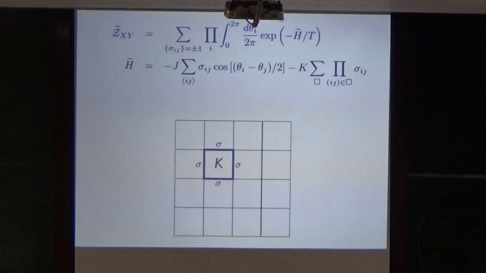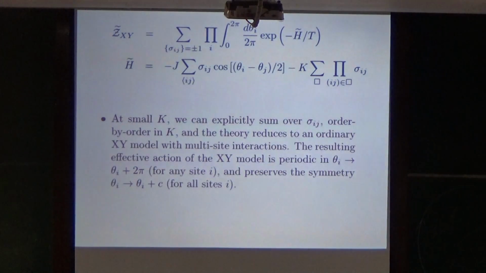Okay, so the first thing you can do is consider the case where k is small. Then you can just do a small k expansion of the partition function. You can explicitly sum over the sigma. Just do it by hand.